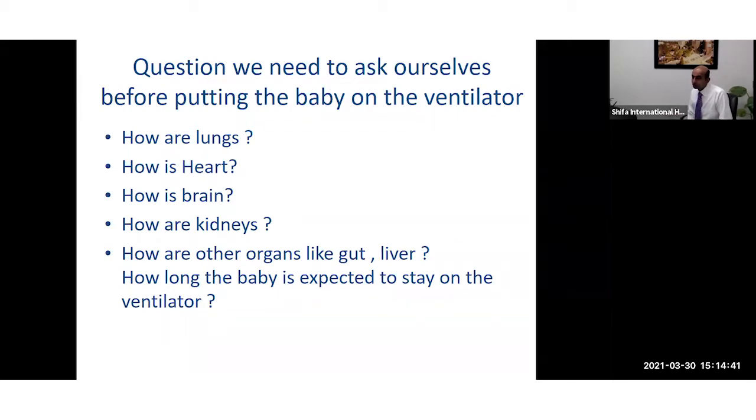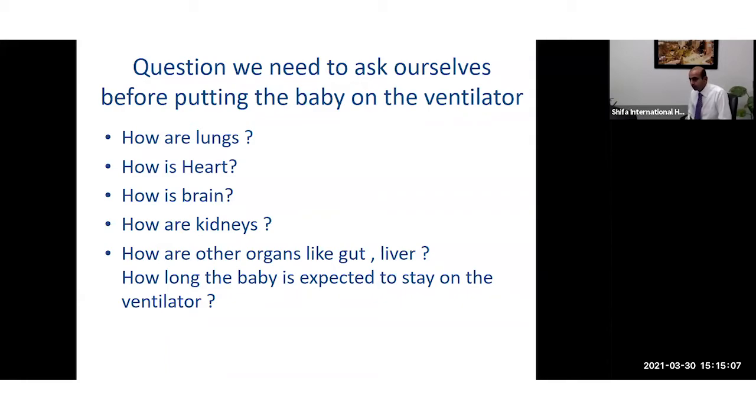Is the heart functioning normally, or is the myocardial function impaired? How is the brain? Is the brain normal, or is there any evidence of encephalopathy, or of congenital brain malformation? Is there any intracranial hemorrhage or intraventricular hemorrhage? How are the kidneys? Is the baby passing urine? And how are the other organs like gut, liver? And how long is the baby expected to stay on the ventilator?